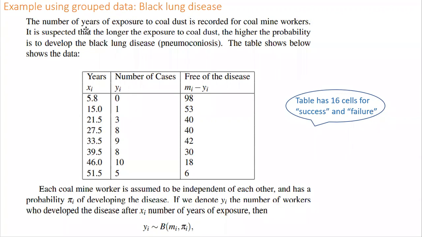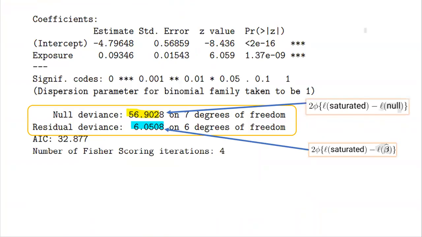I realized I didn't explain the background, but I suppose you can just read that. If we run it, I've highlighted here the null deviance and the formula for that, and the residual deviance and the formula for that as well. And since this is grouped data and phi is 1, this guy here we know follows a chi-square distribution.